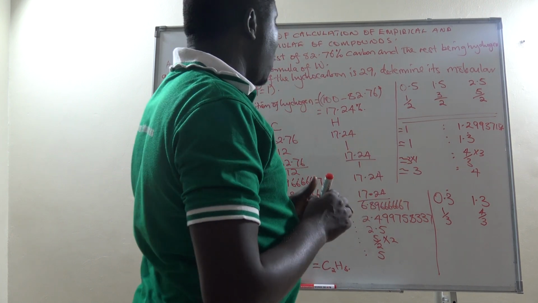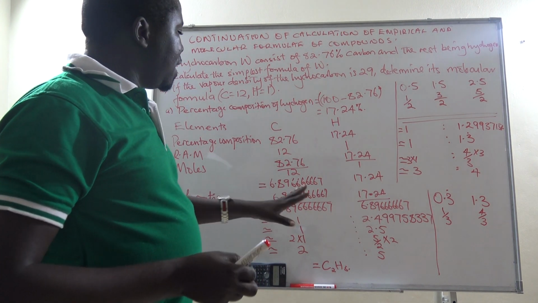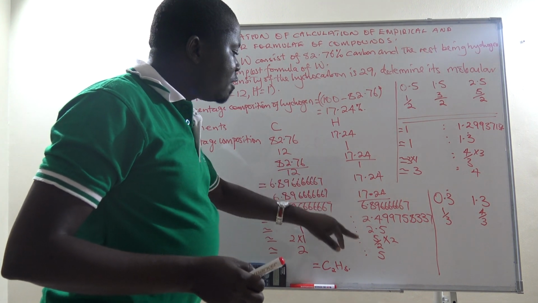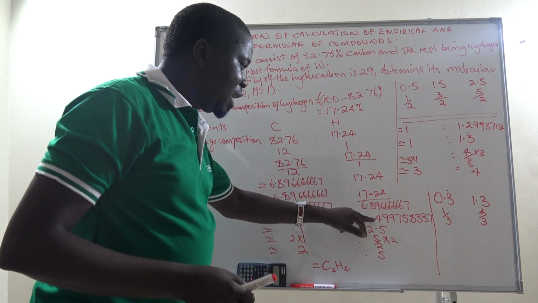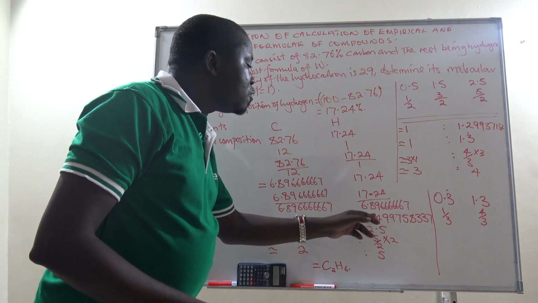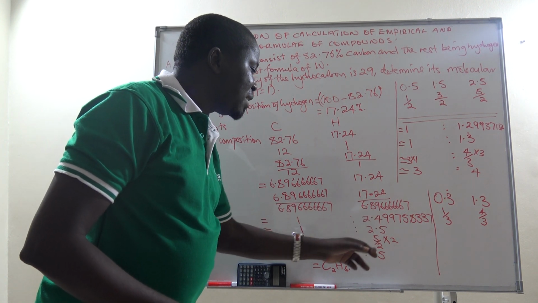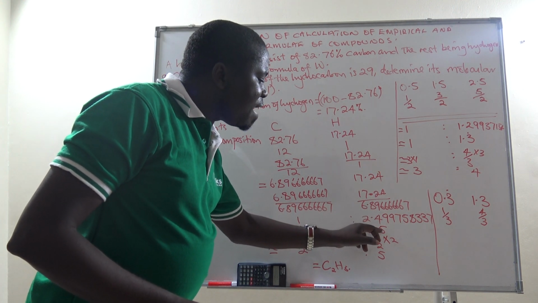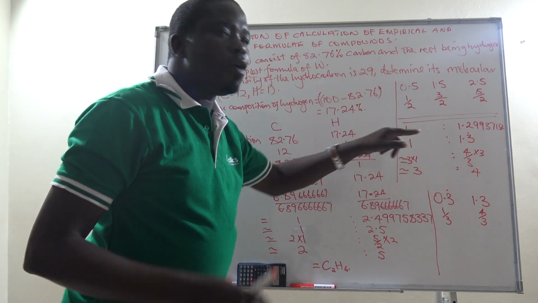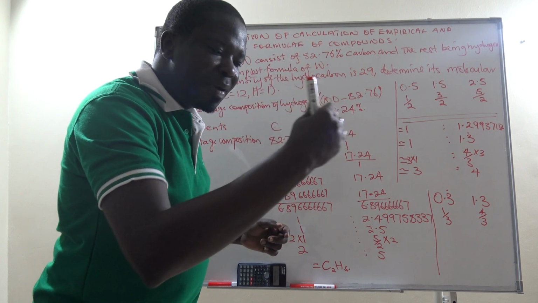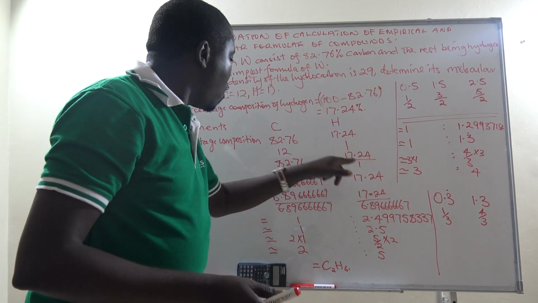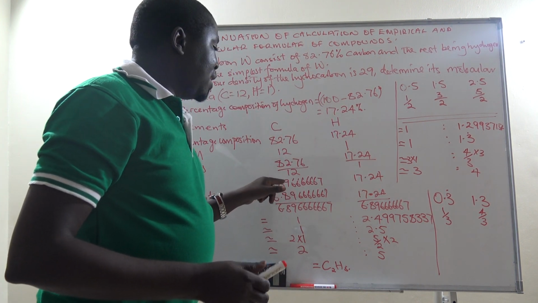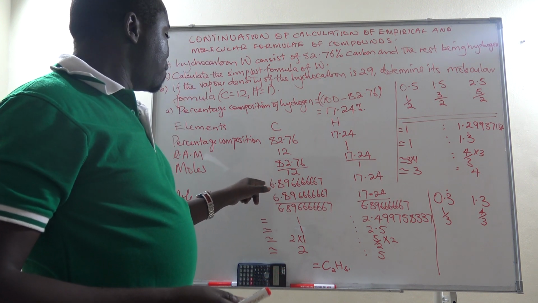That is how we can get a decimal number. Please, if you round off too early, then you are going to get a value which when rounded off to 1 decimal place, you can easily get a value which will be either a 0.5 or a 0.3, or it can be a whole number straight. So don't make a mistake of rounding off your number of moles in this case.